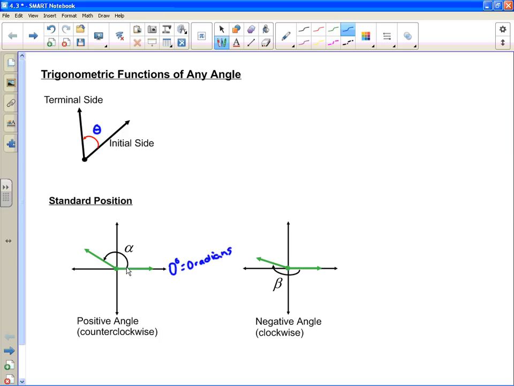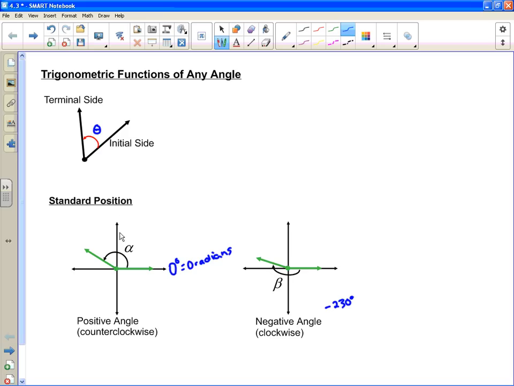And then if I have a positive angle, my initial side starts here. No matter what, a positive angle goes counterclockwise, and then I draw the terminal side. If I have a negative angle, like negative 230 or something like that, I'm going the negative direction around, which is clockwise.